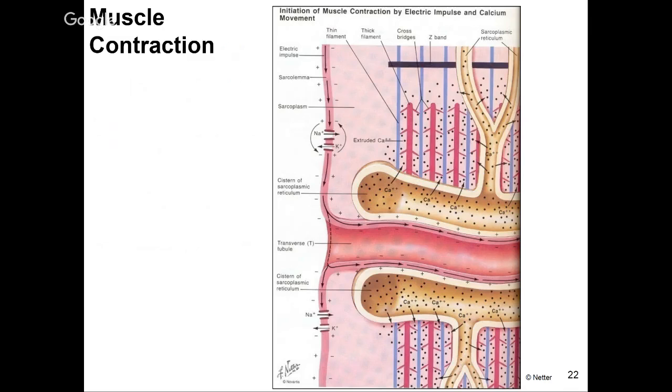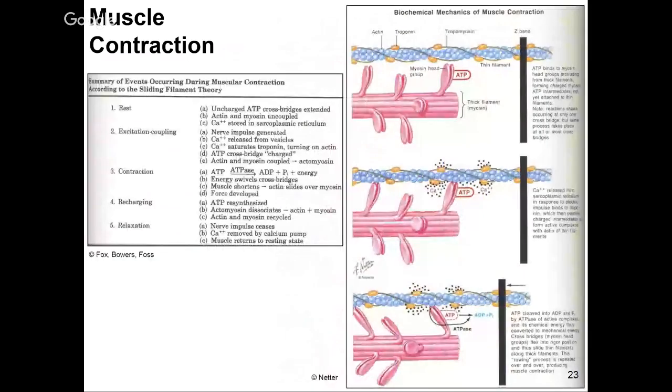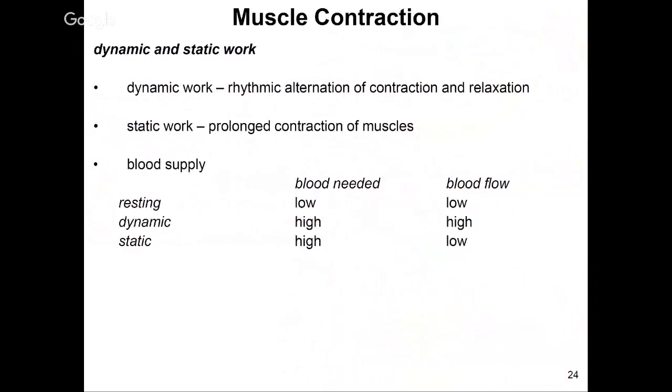That's the pink part, and so you know that the troponin and tropomyosin is getting moved out of the way so that myosin can grab on to the actin rope and pull on it and make contraction. After the ATP gets used up, then you've got to get more ATP to continue the process. So that's how you burn energy through muscle contraction.